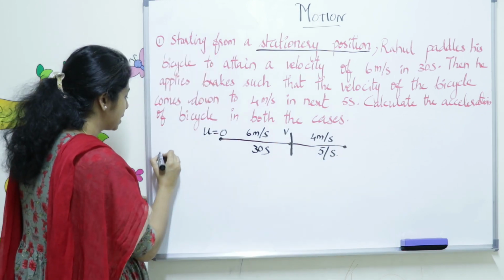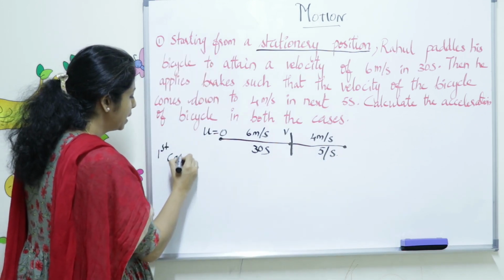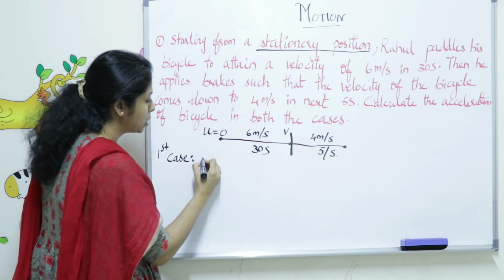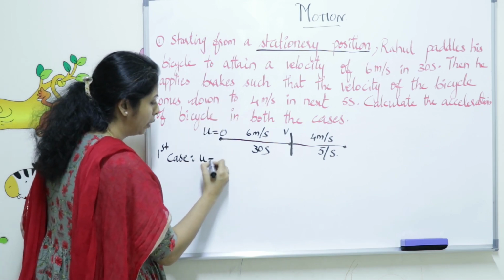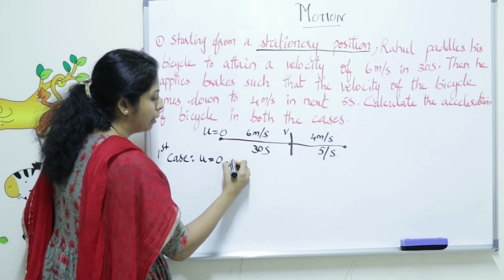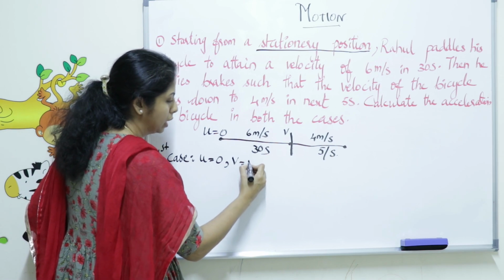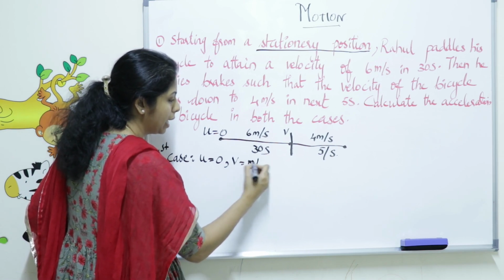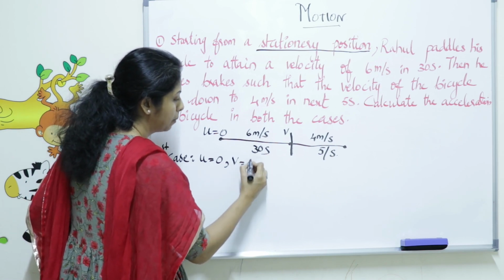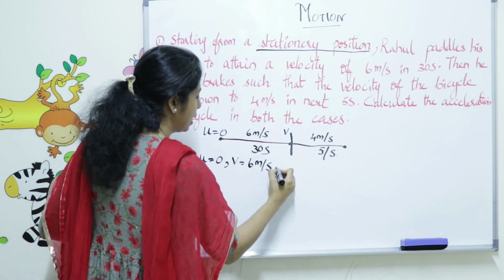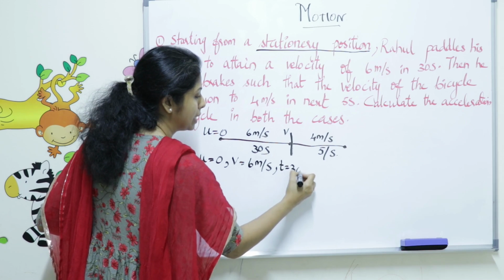So, in the first case, since Rahul is starting from a stationary position, the value of u will be 0, and since he is attaining 6 meters per second, the final velocity v will be 6 meters per second, and the time t will be 30 seconds.